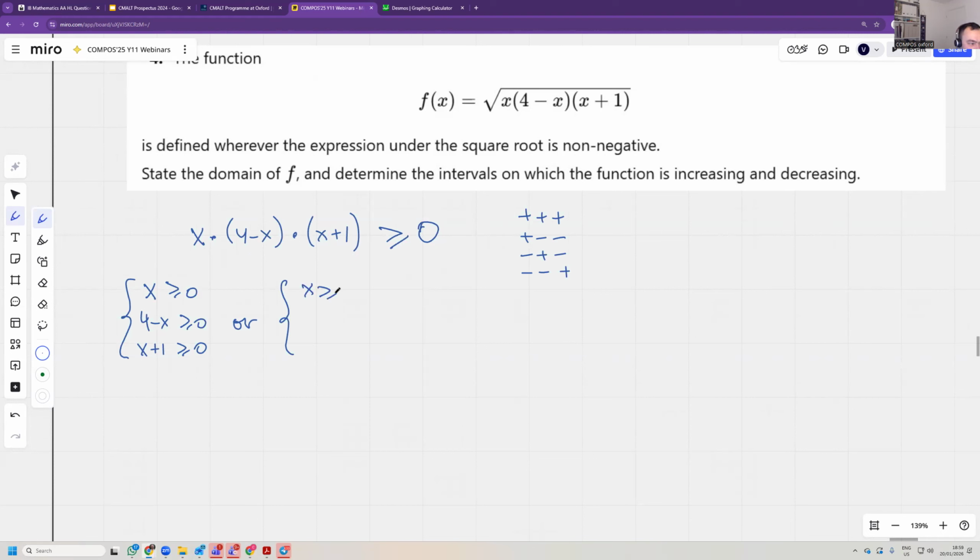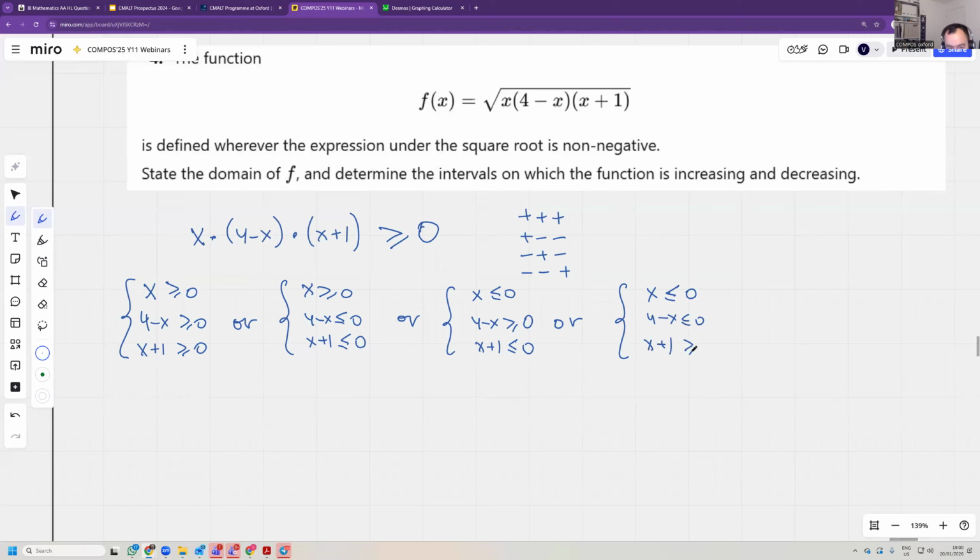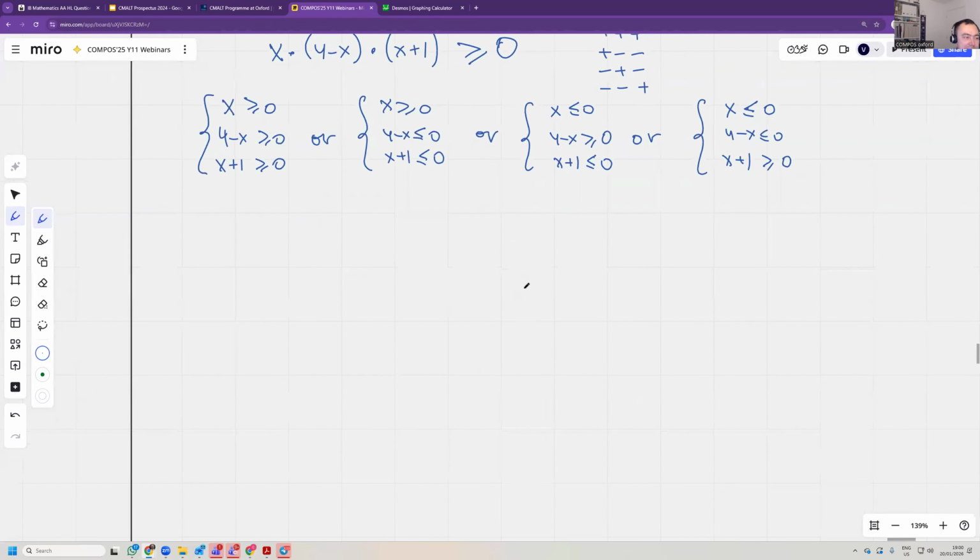Either x greater than 0, 4 minus x less than 0, and x plus 1 is less than 0, or x is less than 0, 4 minus x is greater than 0, and x plus 1 is less than 0, or x is greater than 0, 4 minus x, x less than 0, 4 minus x less than 0, and x plus 1 is greater than 0. So there are 4 possibilities, and let's calculate them.